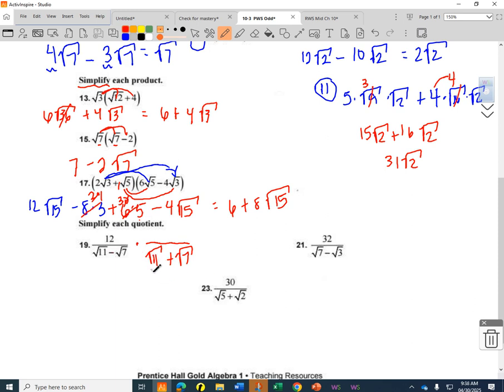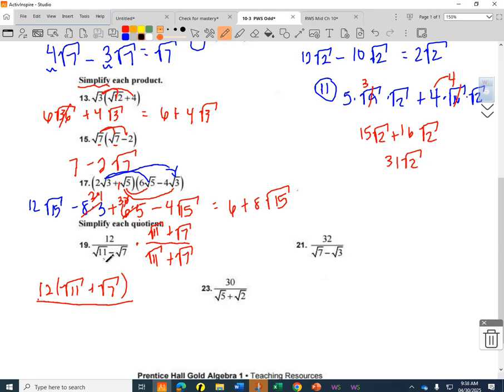Remember, if we multiply the bottom, we're going to multiply the top by the exact same thing. So, when we multiply the top, it's going to be 12 times square root of 11 plus square root of 7. And remember, there's a shortcut to multiply the bottom. Normally, we would do double distribution, but we don't have to do that.